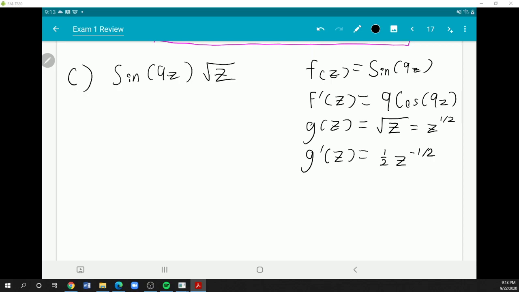So finally, I do the product rule. So this says this is equal to first times derivative of the second, so 1/2 sine 9z times z to the minus 1/2, and then plus second times derivative of the first.